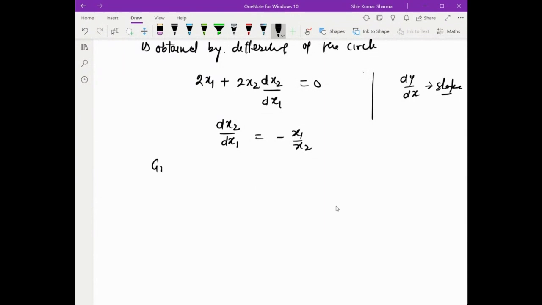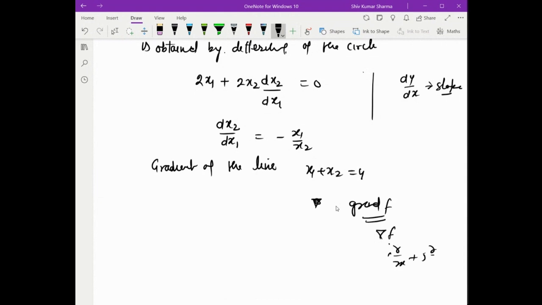So the gradient of the line, we calculate the gradient of the line. That means first line is x1 plus x2 is equal to 4. So what is the gradient of this line? How to calculate the gradient? Gradient of f, vector calculus. Del is i del upon del x plus j del upon del y plus k del upon del z, into f.